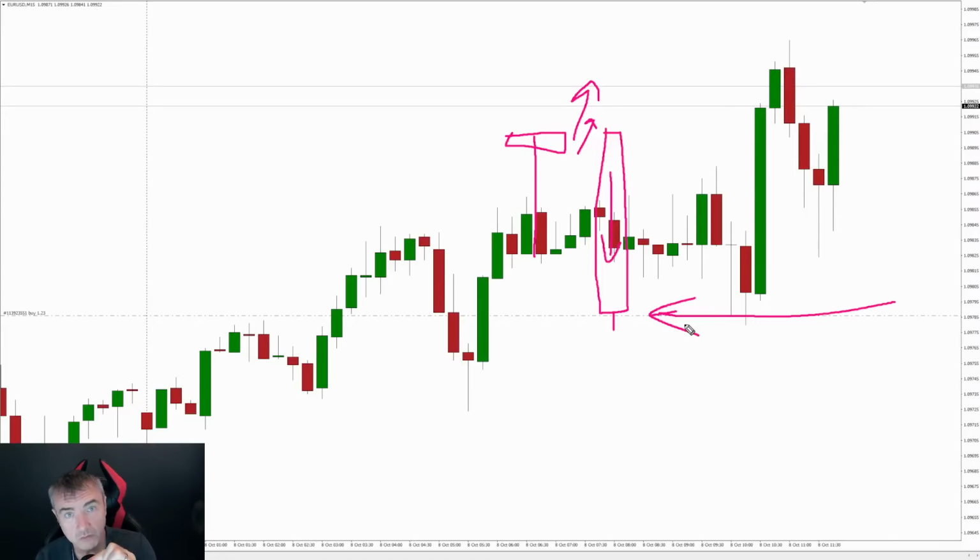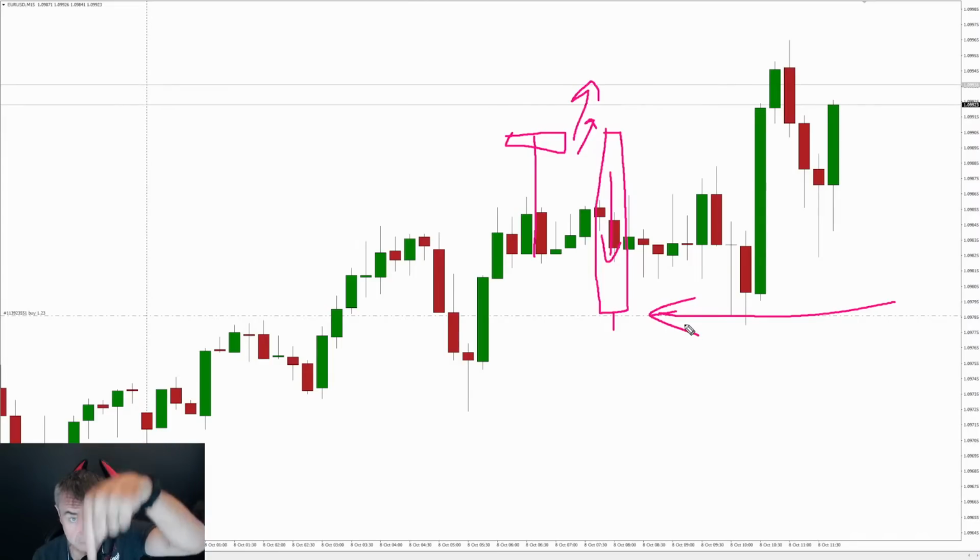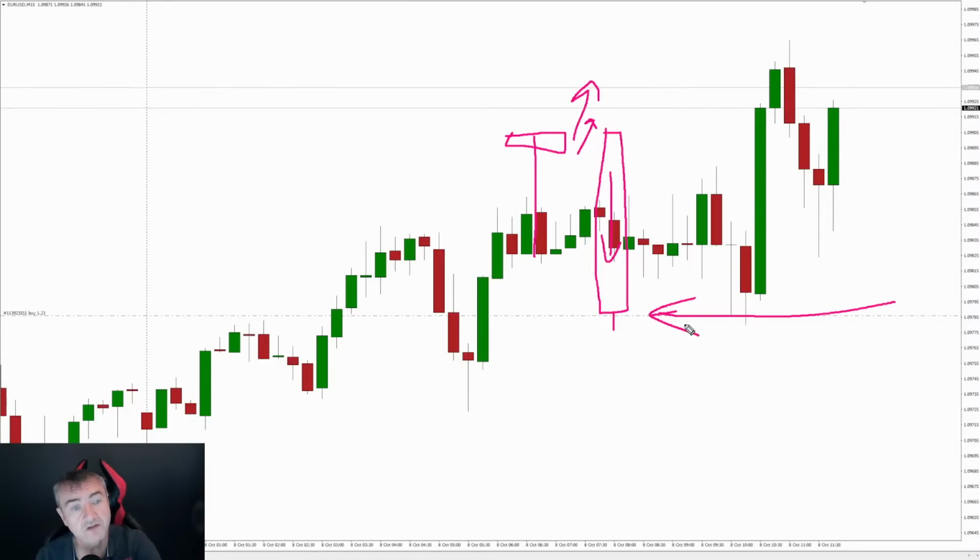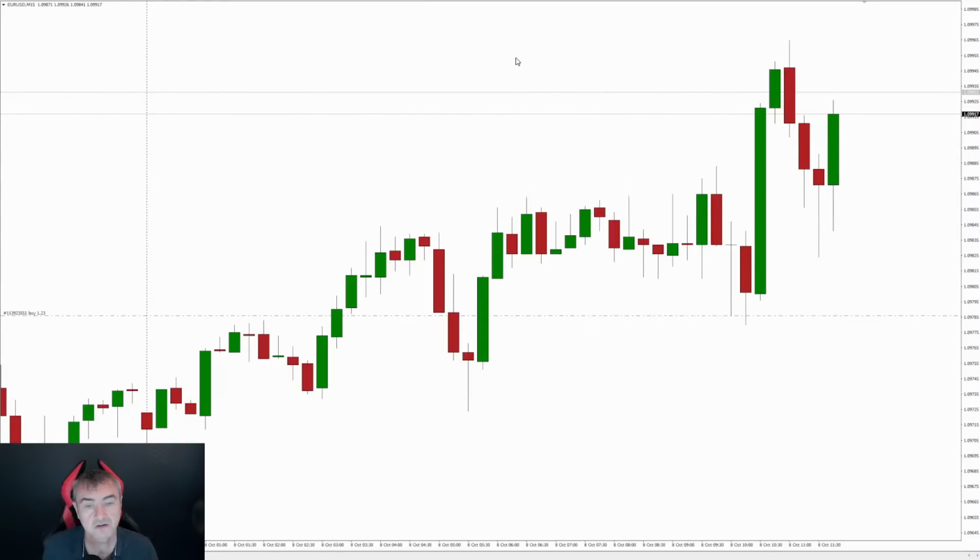If it's done what you want, closed and moved on to the next, it's done what you want. However, you're getting in later. There is no right or wrong. You either get in early and chance your luck, or you get in later and get confirmation. If you're good at reading price action, your confirmation will be right more than it will be wrong. But this all takes practice, and it's a really good thing to do.